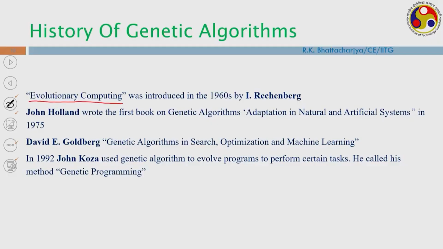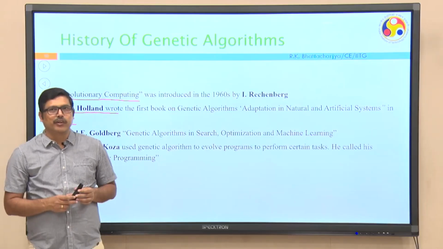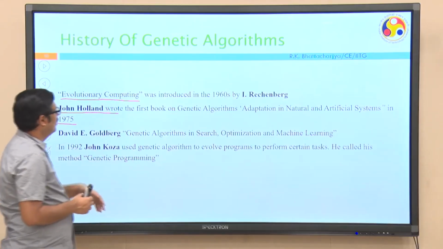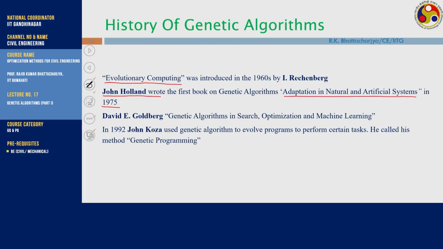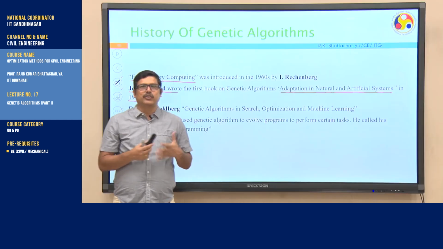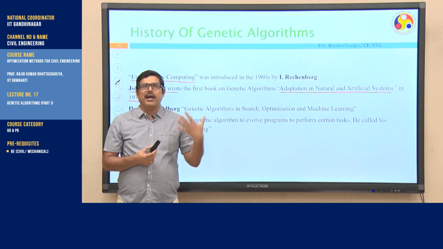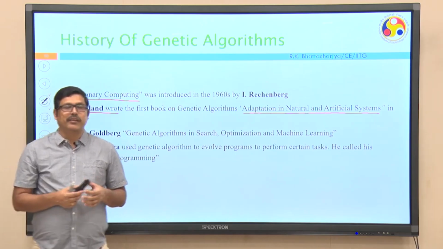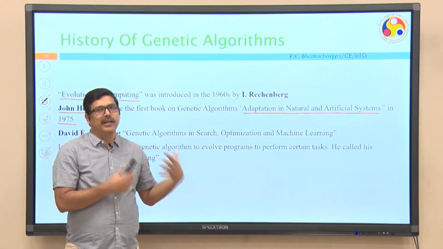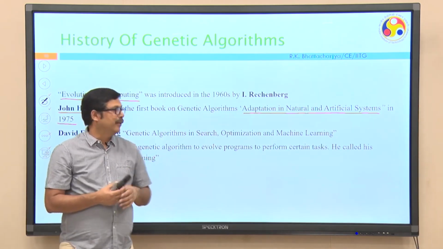In 1975, Professor John Holland, a professor at the University of Michigan, wrote the first book on genetic algorithm, Adaptation in Natural and Artificial Systems. At that time also this algorithm was not very popular. People did not accept genetic algorithm as a powerful optimization technique.